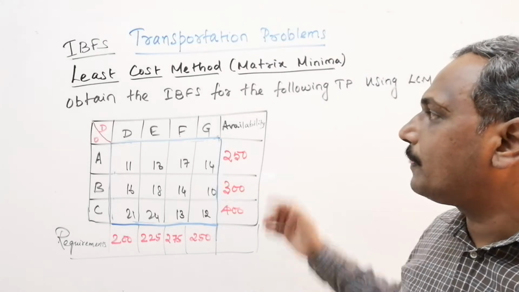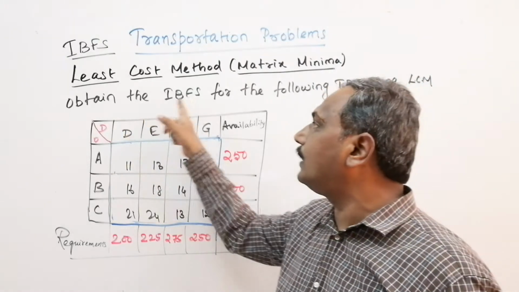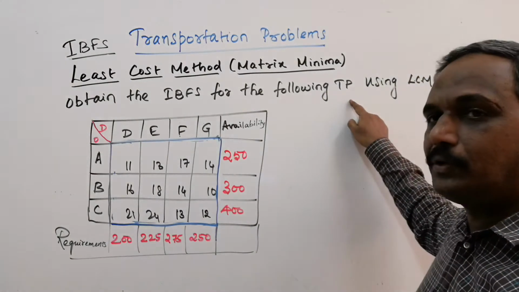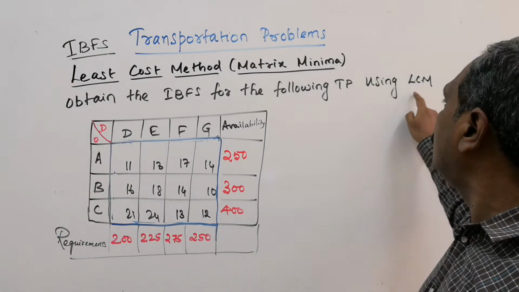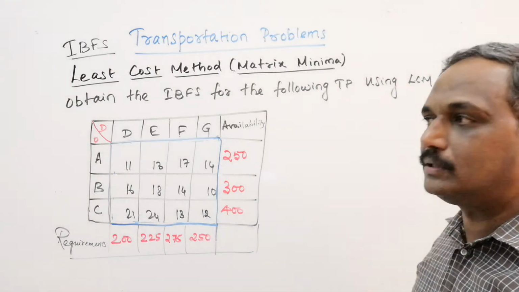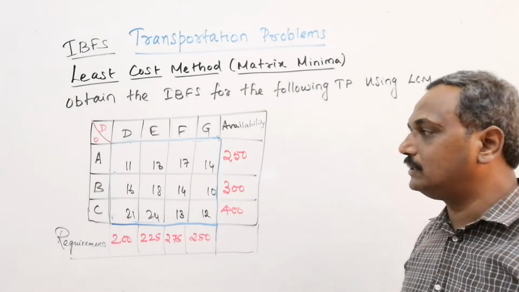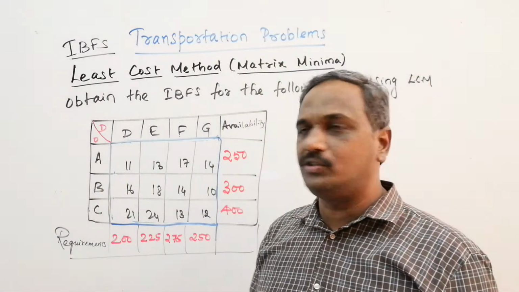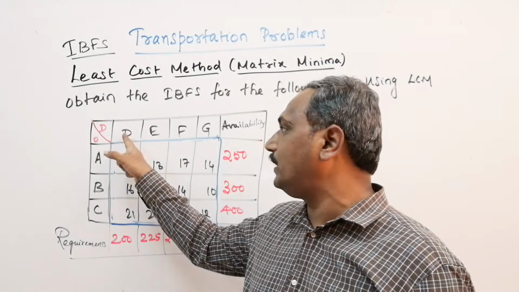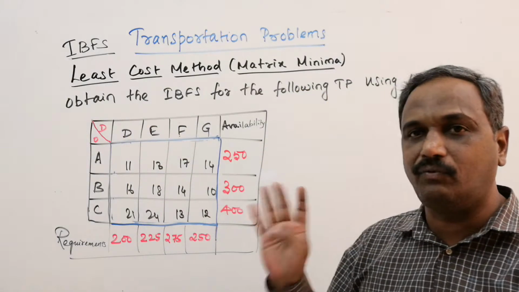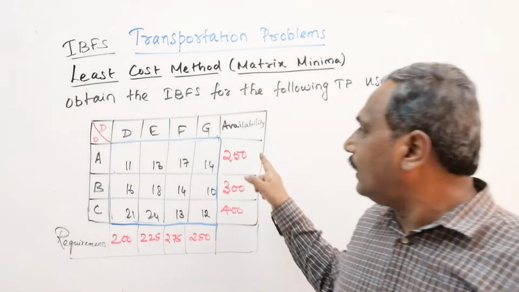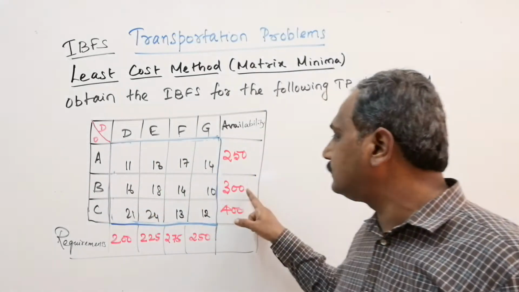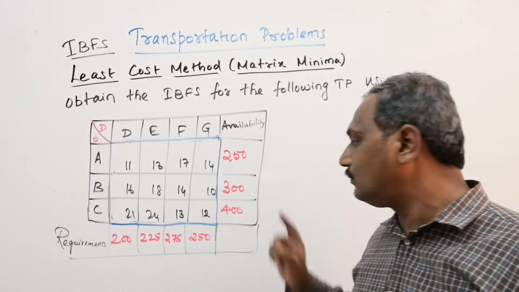Here is the problem. Obtain the IBFS, initial basic feasible solution, for the following transportation problem using LCM, the least cost method. Here we have three origins A, B, C and four destinations D, E, F, G. The availability at A is 250, at B is 300, at C is 400.